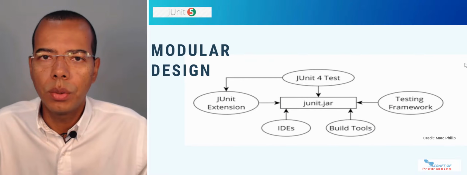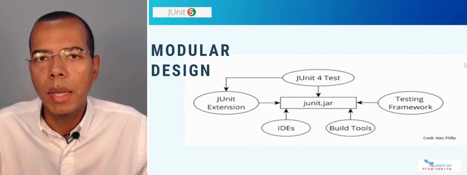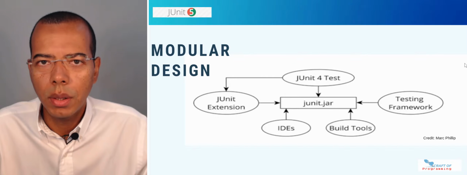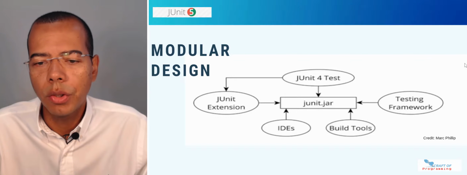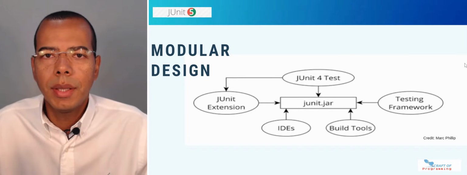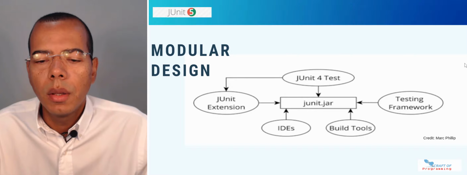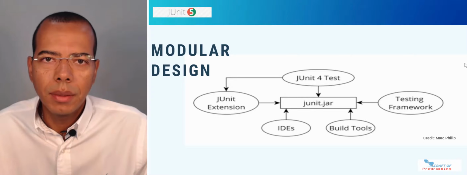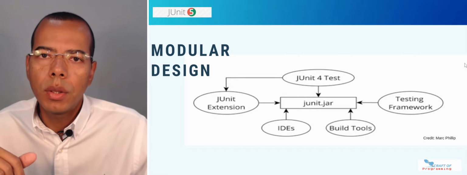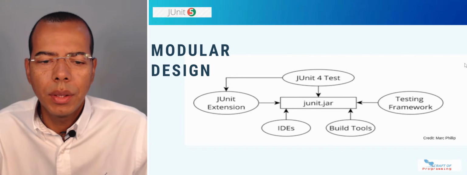So this is a slide from Mark Phillip of the JUnit 5 team, and it highlights the problem of JUnit 4. The issue is that JUnit 4 had a single monolithic jar, which you as a test implementer would depend upon, or you as an IDE builder, or if you're writing build tools like Gradle or Maven, or a third-party testing framework like Spring, or a JUnit 4 extension.